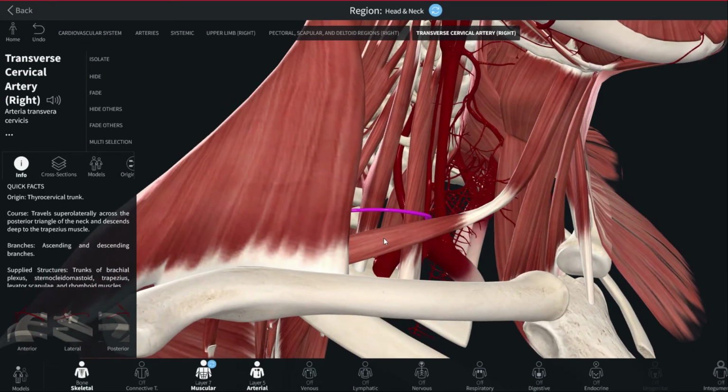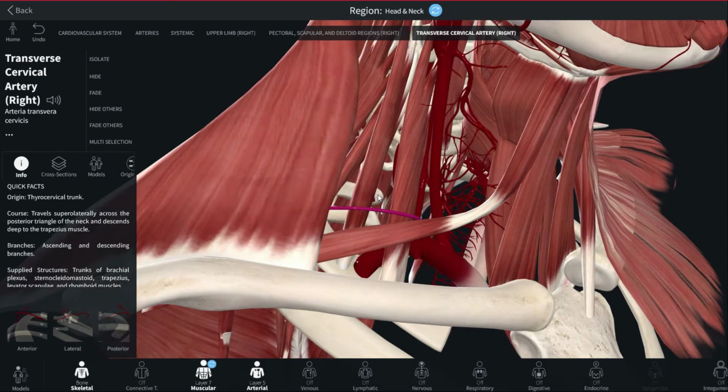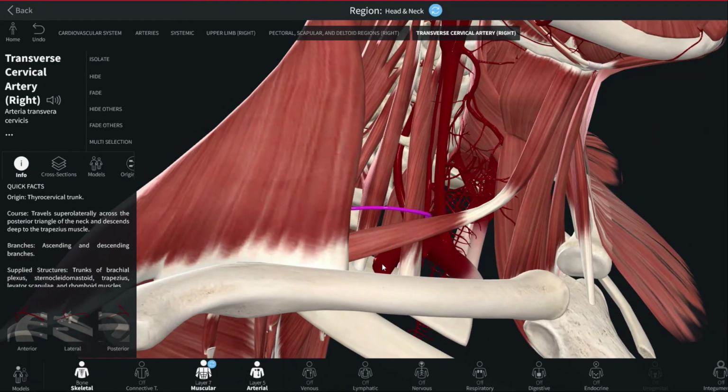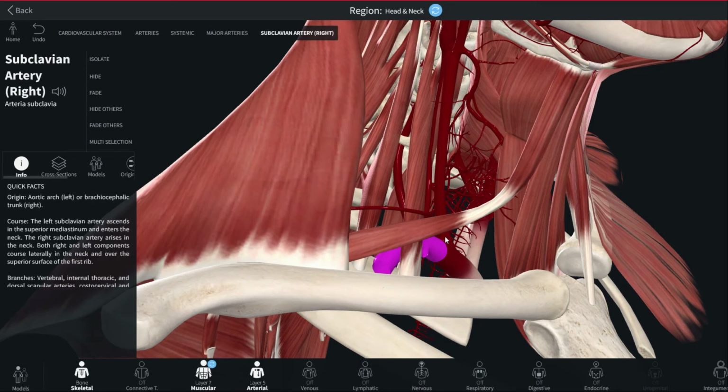So as we can all see, this is the subclavian artery, and it's a constituent of the subclavian triangle, as I mentioned. So the third part of the subclavian artery is actually a part of the subclavian or supraclavicular triangle. More on this, we'll talk about when we talk about the blood supply of the head neck.